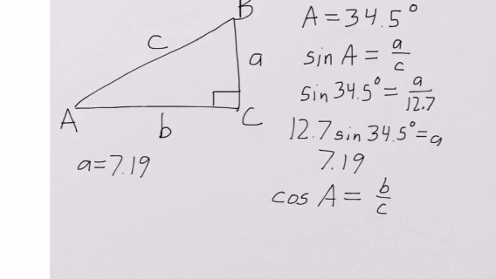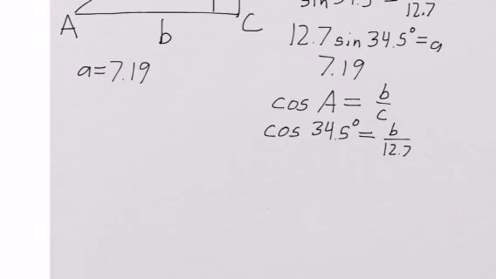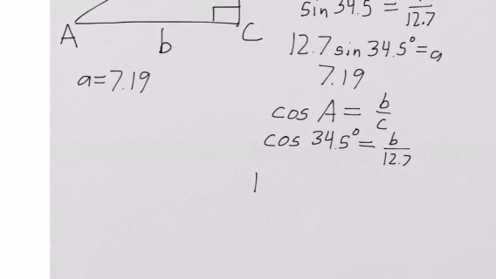We know what lowercase c is, we know what capital A is. So we get the cosine of 34.5 degrees is equal to B over 12.7. And we can move the 12.7 to the left-hand side.